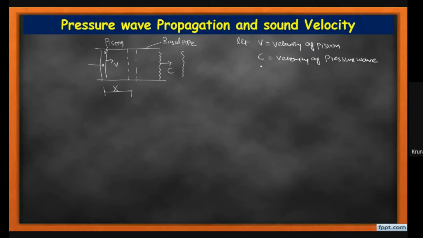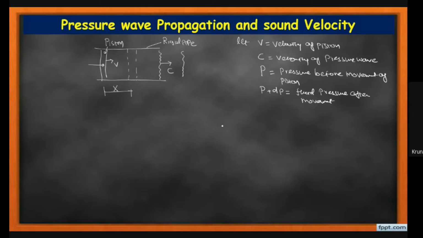Then we take p as the pressure of the fluid before the disturbance or movement. So p is the pressure before the movement of the piston, and p plus dp is the pressure after the movement. So this is the fluid pressure after the disturbance.